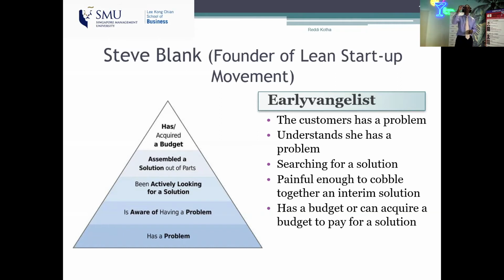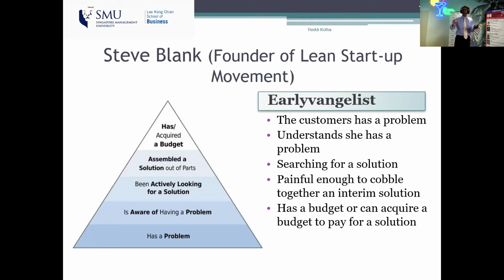He says you should be going to people who are aware of the problem. They've been looking for solutions. And when you present the solution, they're willing to work with you. It'll be best if they also have a budget so that they can pay you while you're doing your testing and prototyping, right? But have you seen here? They've assembled a solution of parts, right? Which means they're already trying to do something by themselves. They're already innovators.